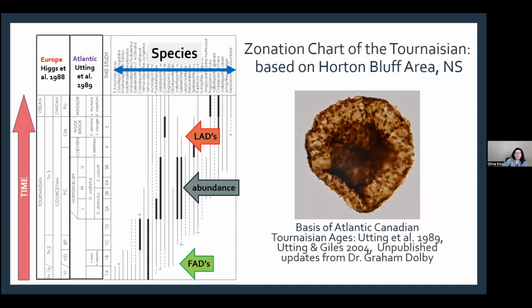We have our first occurrences, we have our last occurrences, and abundances are marked by these darker areas as you go up in time, and then you have species basically as your x-axis. And you can see that the first occurrences and last occurrences can mark the beginning and end of certain zones. And that's how we age the rocks that I'm looking at.